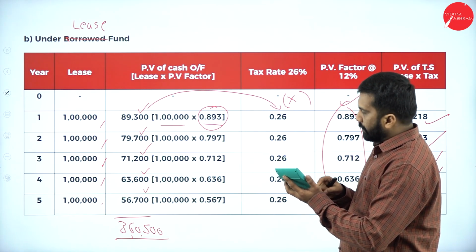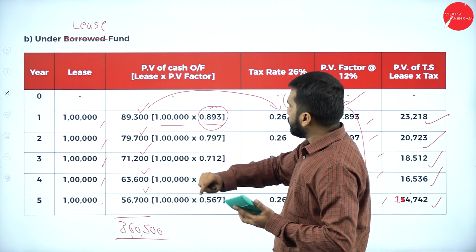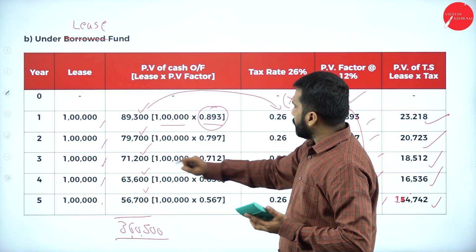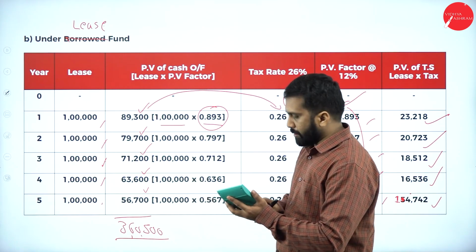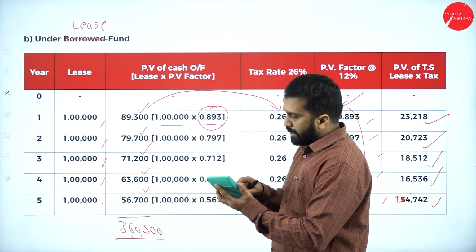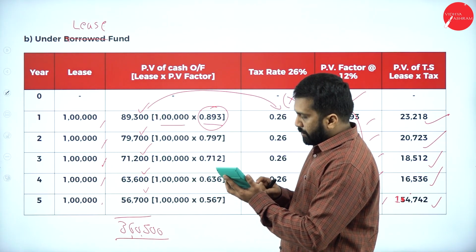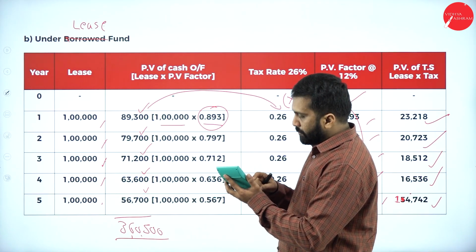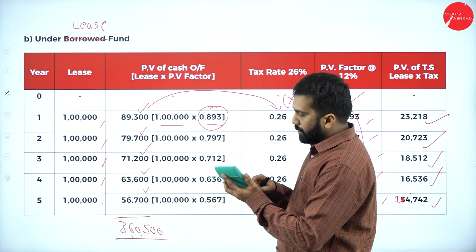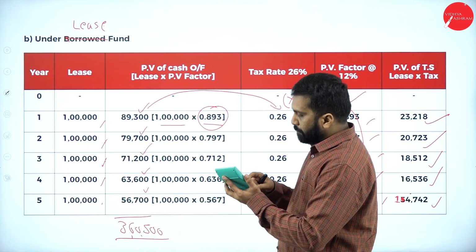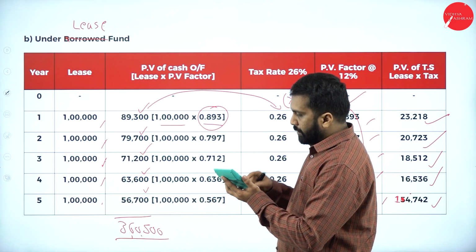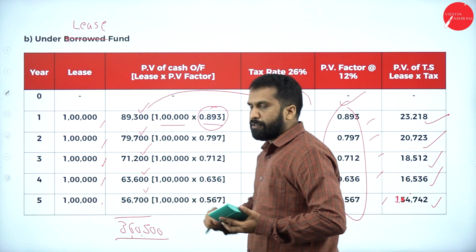And 1 lakh with 0.797, 0.712, 0.636, 0.567, correct? What is the total of this? I'll cross check once. 89,300 plus 79,700 plus 71,200 plus 63,600 plus 56,700. I got 3,60,500.